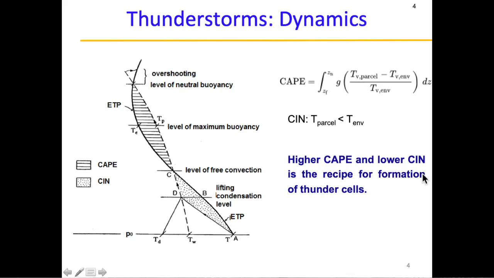But the other thing is lower CIN. The CIN cannot be very high, in the sense that the environment cannot be at a very large temperature for a very long distance in the vertical direction. The CIN has to be very small, because the parcel has to move up. It has to cross that particular threshold to get to the level of free convection, and then the CAPE takes over and does its job.